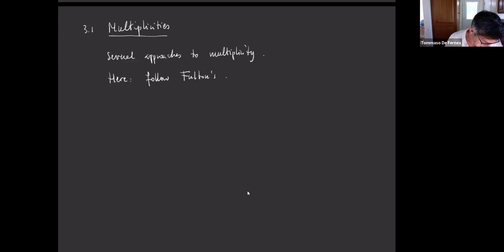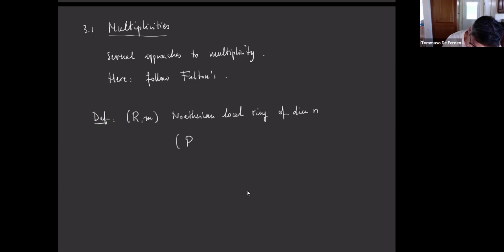So first, let's start with a local setting. Suppose I start with (R, m), some Noetherian local ring of dimension n.